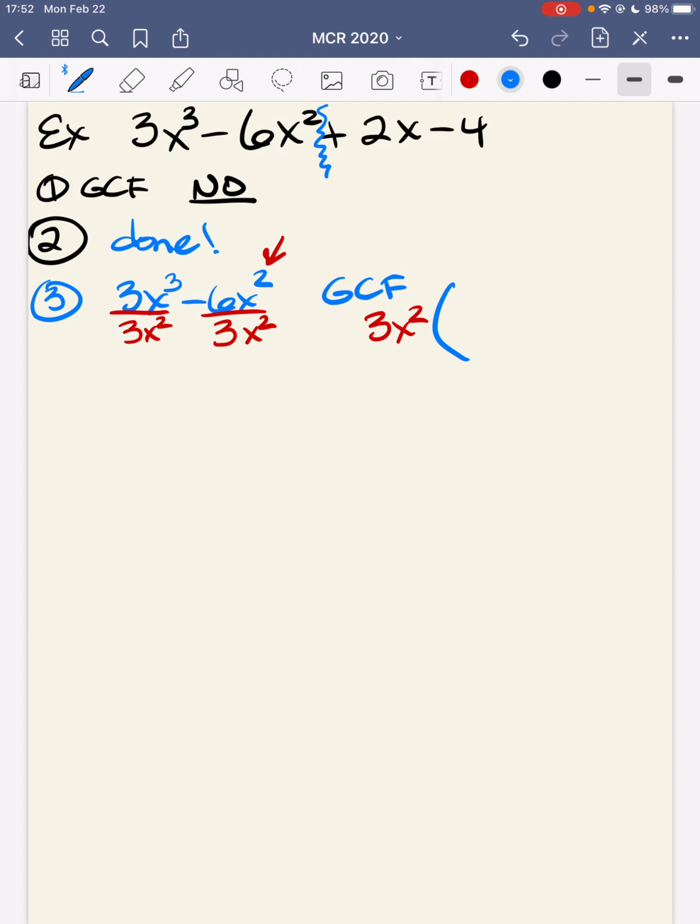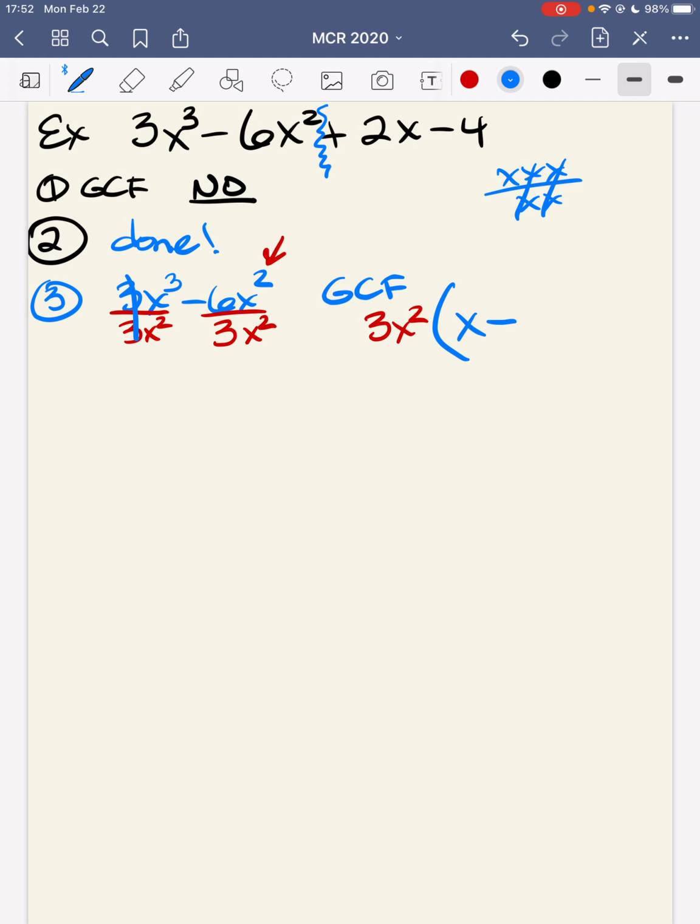In this case, my 3's cancel out. I have x cubed over x squared. This is my quotient rule if you choose to use it. I have 3 x's on the top, 2 on the bottom, which means if I cancel 1 for 1, I'm left with x on the top, so that's all that's left over.